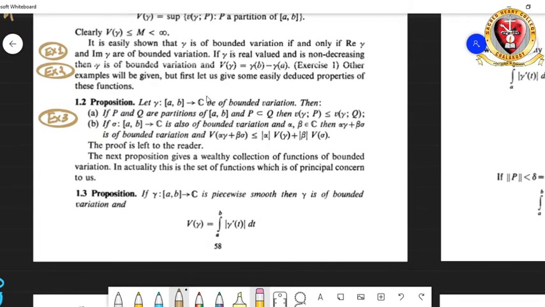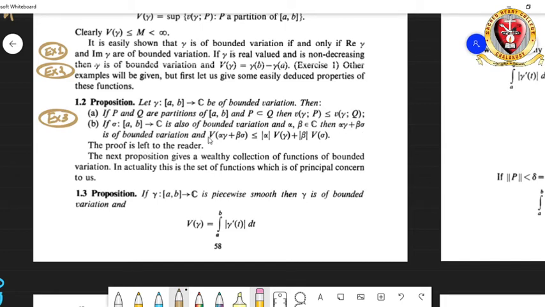And the second part you have to prove is, if gamma from the closed interval [a, b] to C is of bounded variation, and if alpha and beta are complex numbers, then alpha gamma plus beta sigma is of bounded variation.